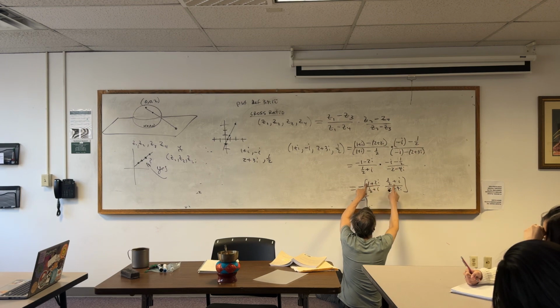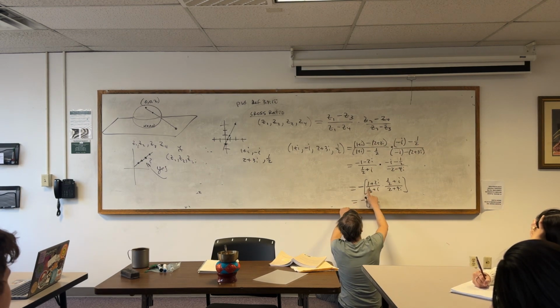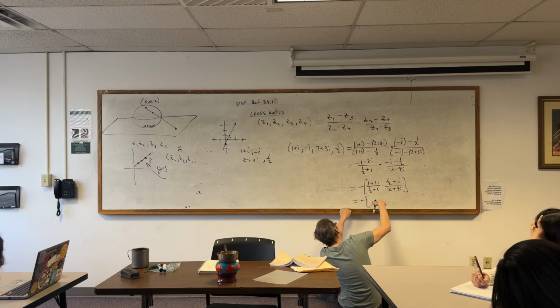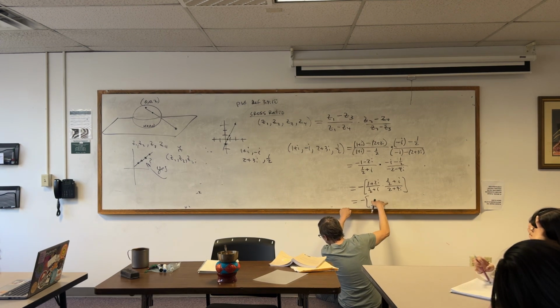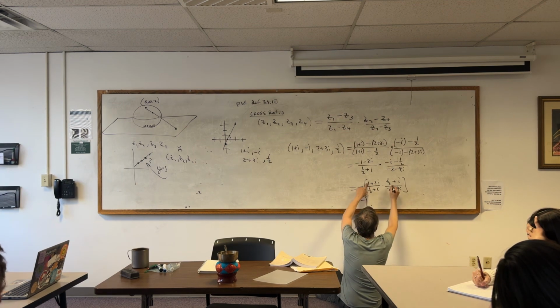The key thing here is we end up with a real number in the end. So what that's going to look like is one of these is a multiple of the other. The top is a multiple of the bottom, but we'll see.